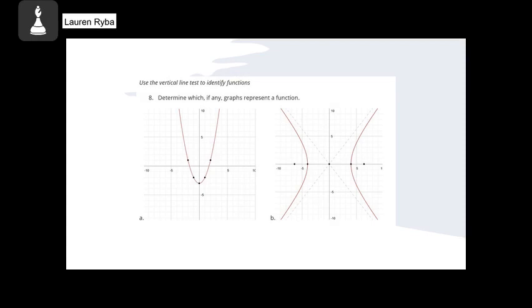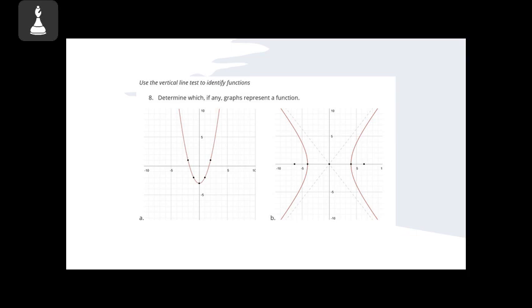Another way to determine if we have a function is by looking at the graph and doing what is called the vertical line test. What you're going to do is draw a vertical line or multiple vertical lines, whether you want to actually draw them or just visually draw them with your pencil over top.